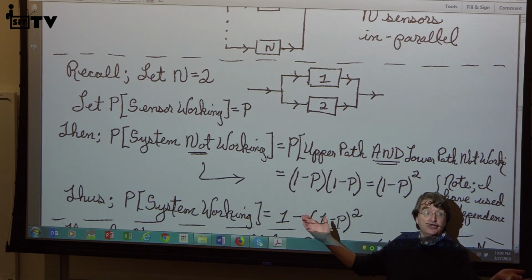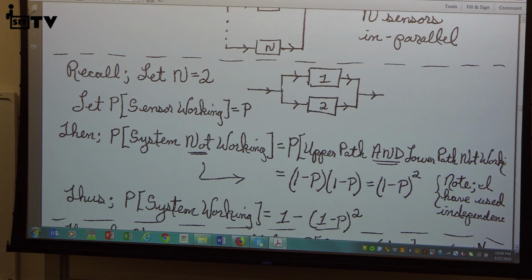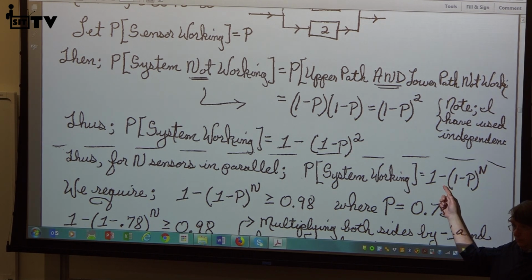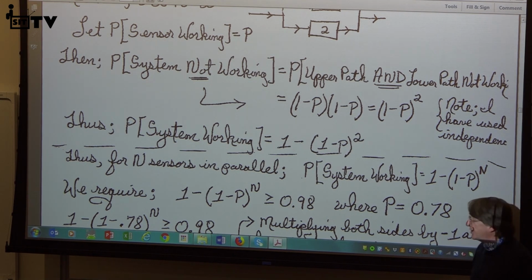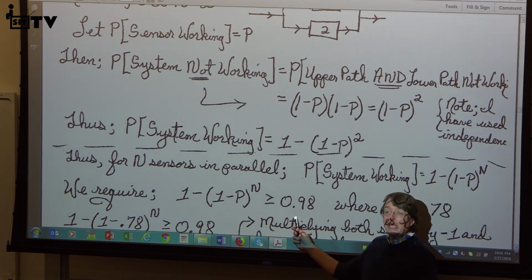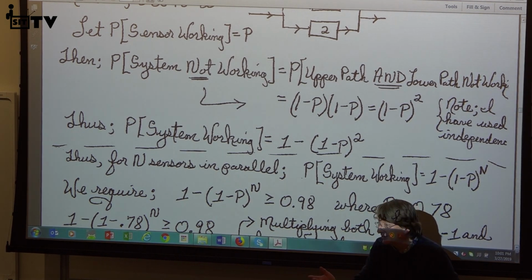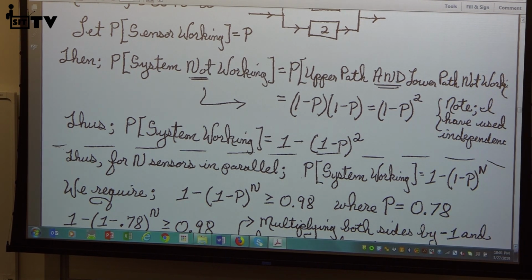So if I got n sensors, replace the 2 with n. So the probability of the system working is 1 minus the quantity, 1 minus p to the n. And I want this to be greater than or equal to 0.98. And what I find interesting is I only got a sensor with the probability of working of 0.78. But because I'm putting them in parallel, redundancies go to work. I only need one to work.